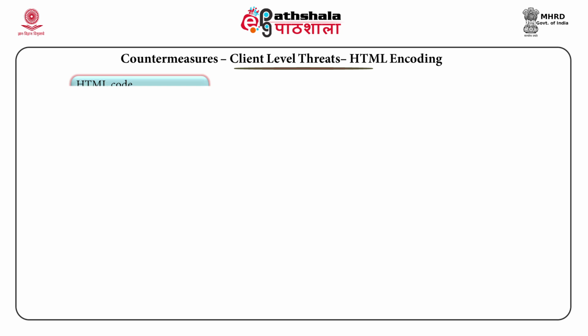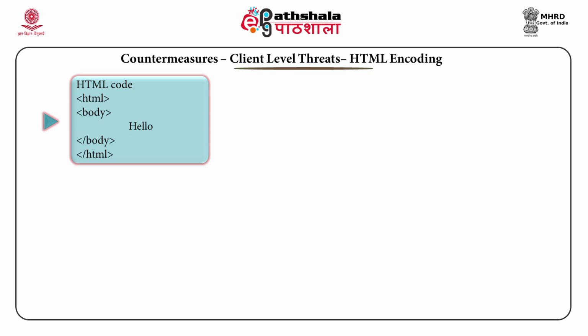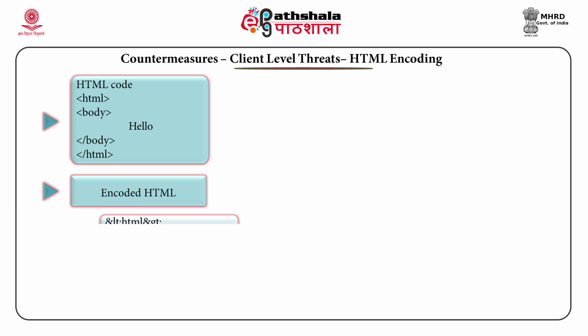If you observe a simple HTML code, what we have is angle bracket HTML, then closing angle bracket, body, and then closing angle bracket, hello, then the corresponding tags are close /body and /HTML. So, instead of angle bracket in the encoded HTML, we write ampersand LT semicolon HTML ampersand GT, that is, greater than sign and semicolon.